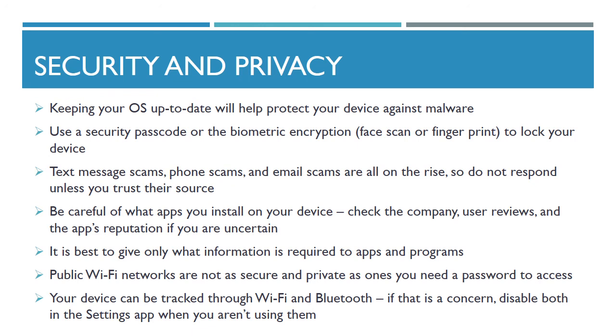Using security codes or biometric encryption, like a fingerprint or a face scan, will help lock your device and keep unwanted people from getting in. Avoid clicking on strange links that you receive in texts and emails. And if you are unsure about a phone call, don't give any personal information out. And possibly don't answer if you do not recognize the number.